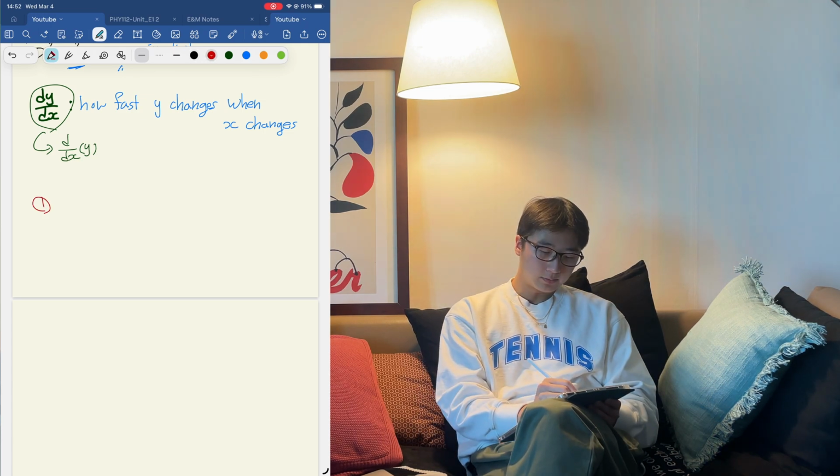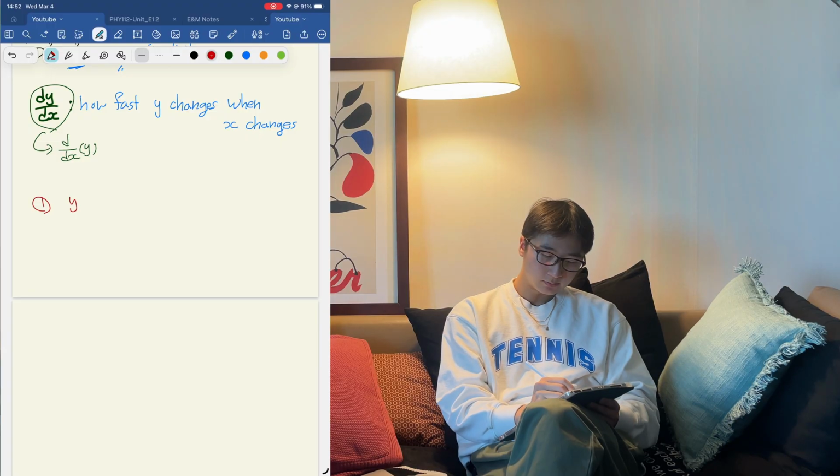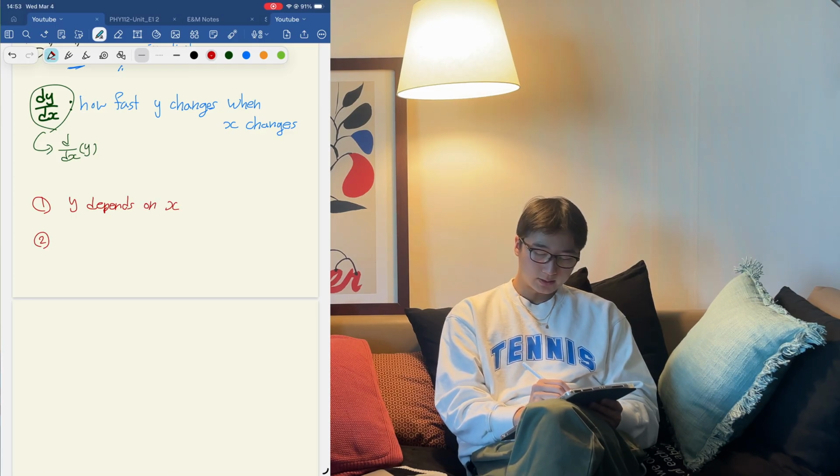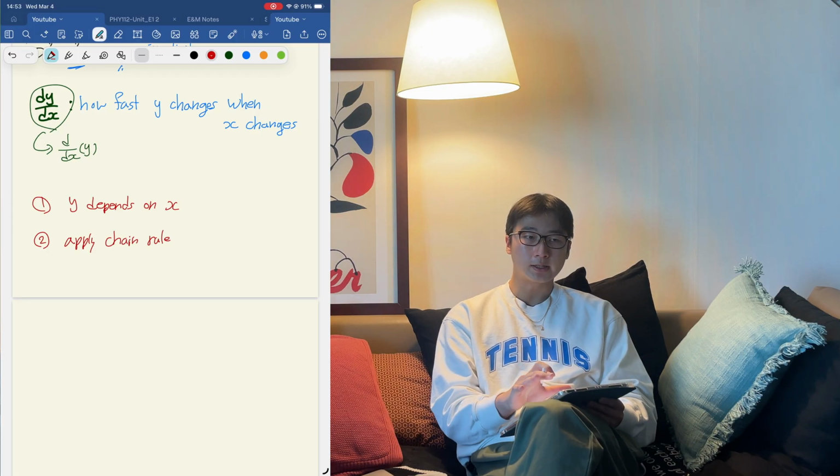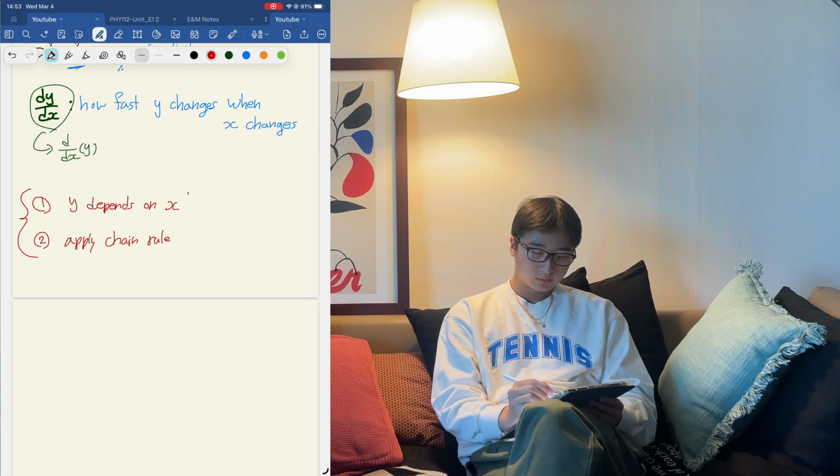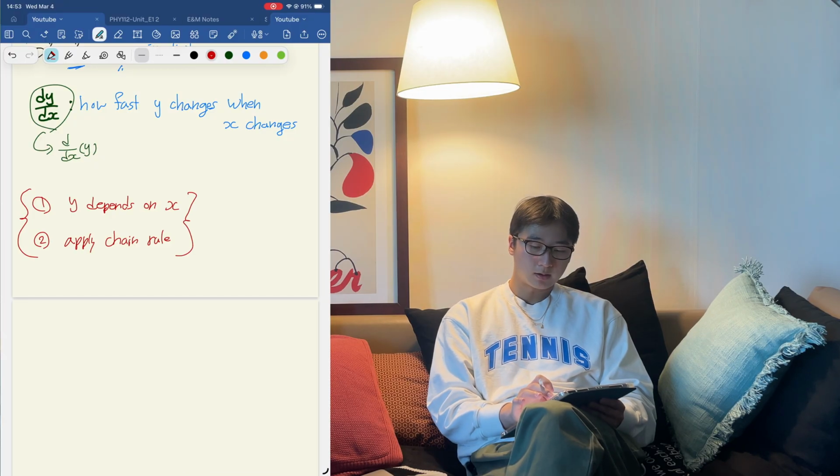So the important things: first, y depends on x. Second, we apply the chain rule even though the function is not explicit. These are the core ideas.